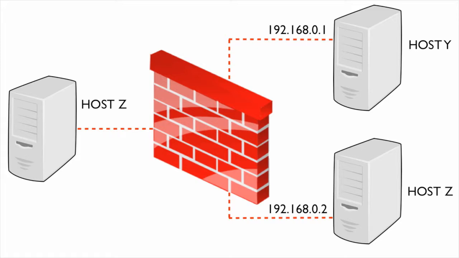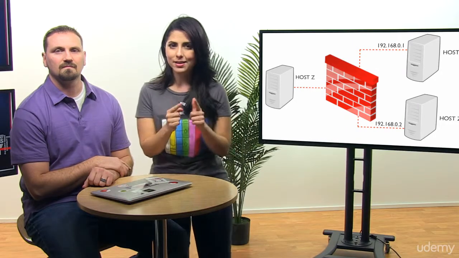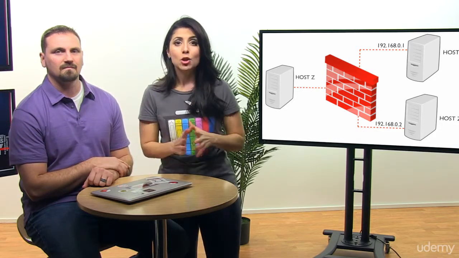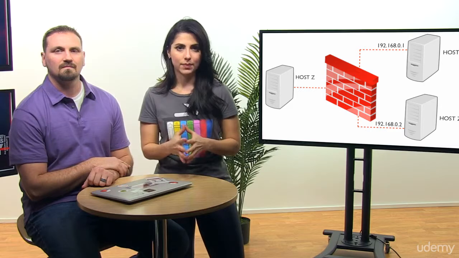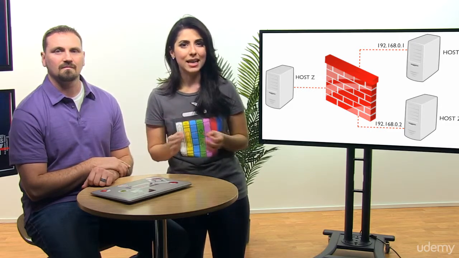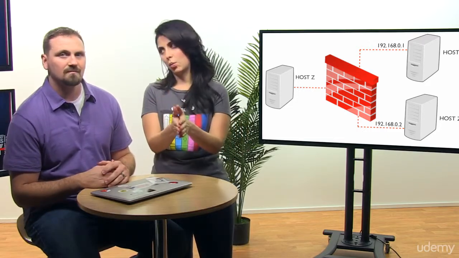You have three hosts, X, Y, and Z. Host Z is a trusted machine of host Y. Host X wants to send some packets to host Y by impersonating itself as Z. It will do this by changing the IP address of the packets sent to Y. When the packets are received by Y, Y thinks that these packets are from Z, though they are actually from X. When Y thinks that the packets are from a trusted host, it will go ahead and accept the packets. Now the attacker can send the payload and then cause the desired damage. This is an example of how IP spoofing can work.